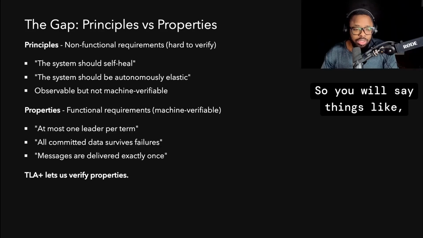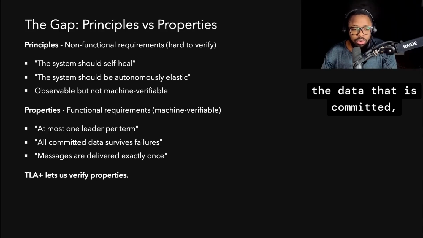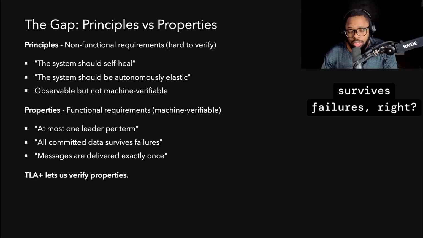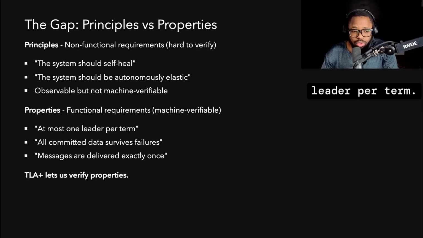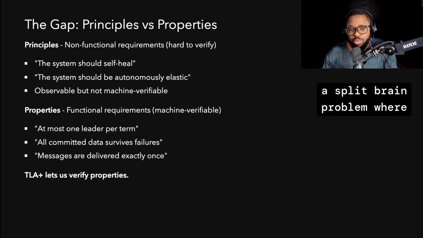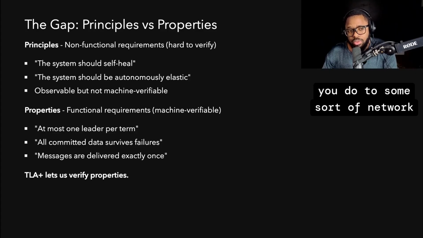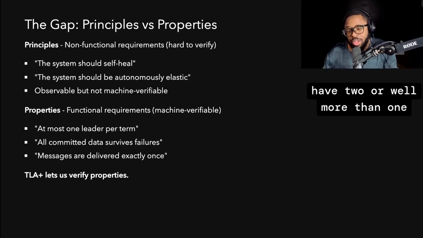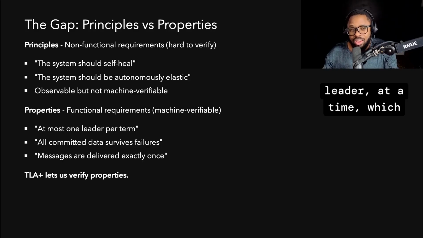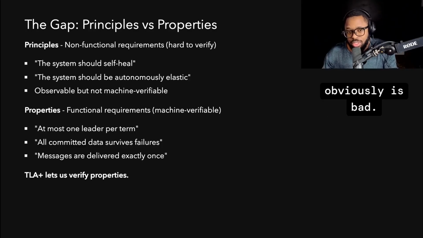So you will say things like you want to make sure that all the data that is committed survives failures, right? There should only be one leader per term. This is relating to leader election. You don't want to have a split brain problem where, due to some sort of network partition, you end up in a scenario where the system can have two or more than one leader at a time, which obviously is bad.